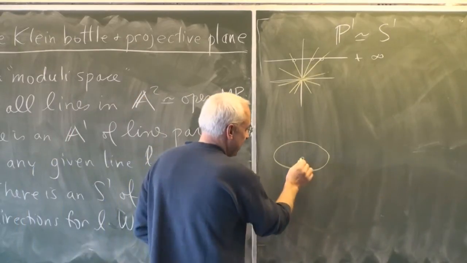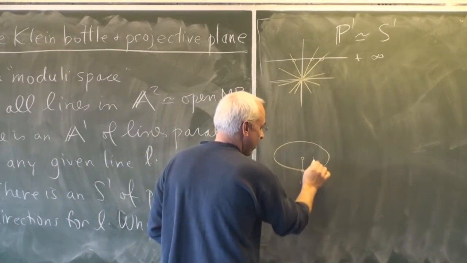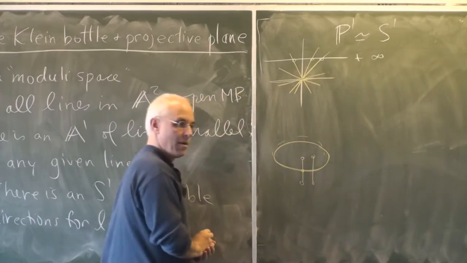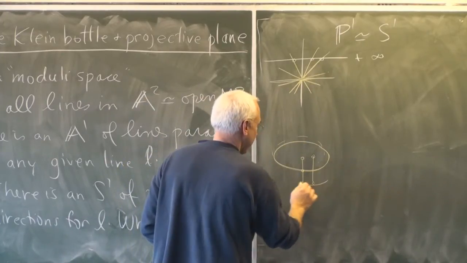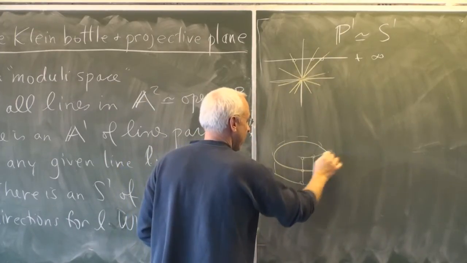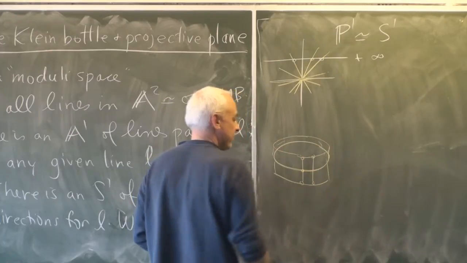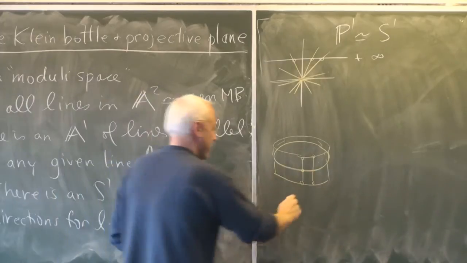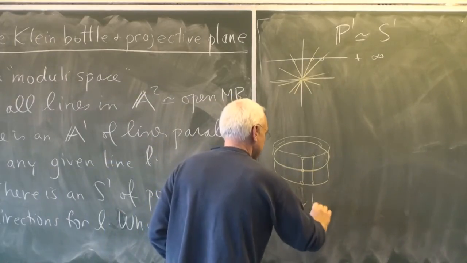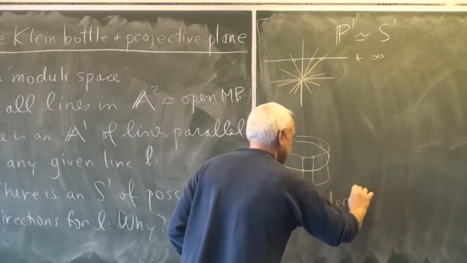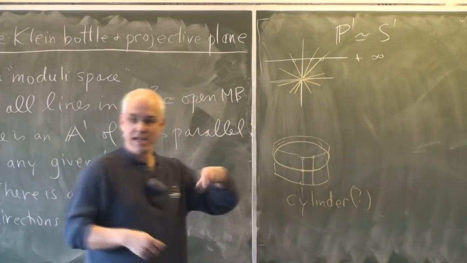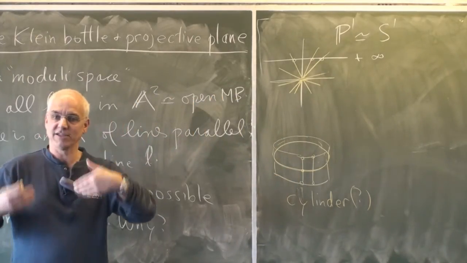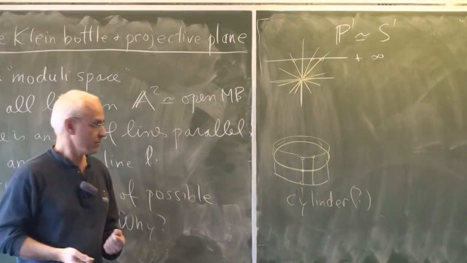So one possibility is that as we go around, we get a cylinder. That's not necessarily the answer, but that's at least a possible way of combining a circle of lines together to form an object.